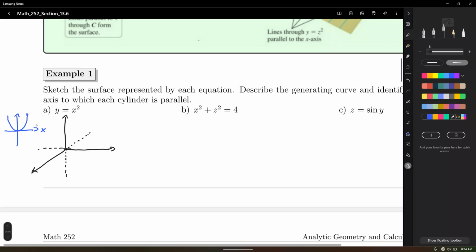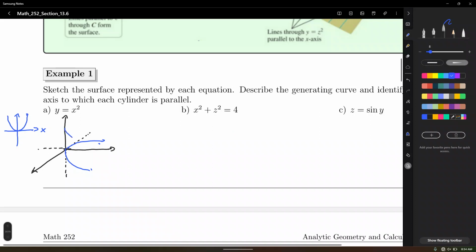So this graph in two dimensions is what we would be seeing from the top view in space right here. So this looks like the parabola. It looks a little bit like this, all right? Agree with this? This is what you would see. Well, what variable is missing out of the three? So that means this parabola will extend along the z-axis.